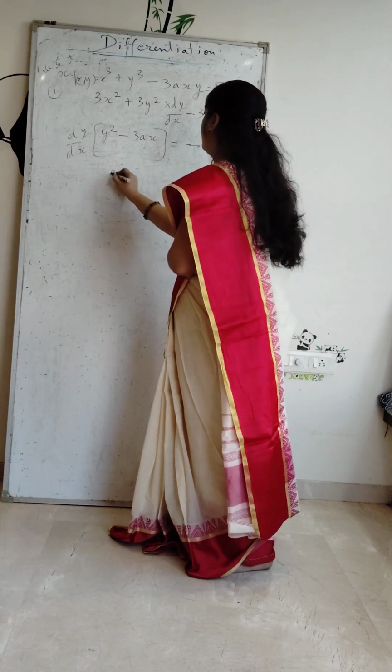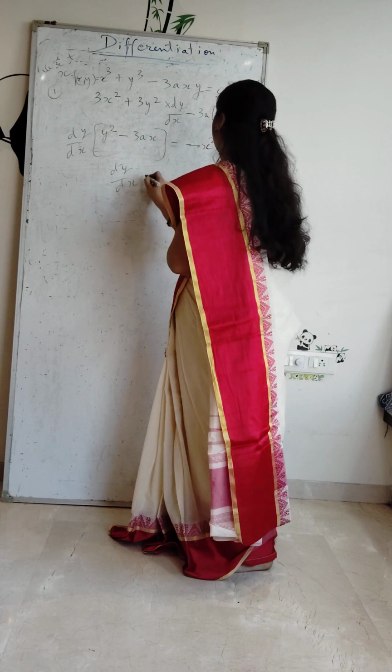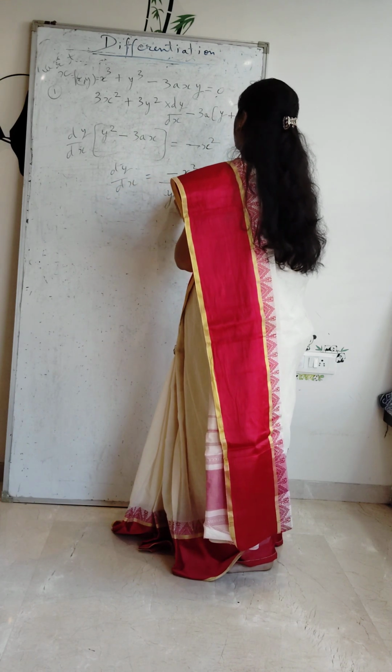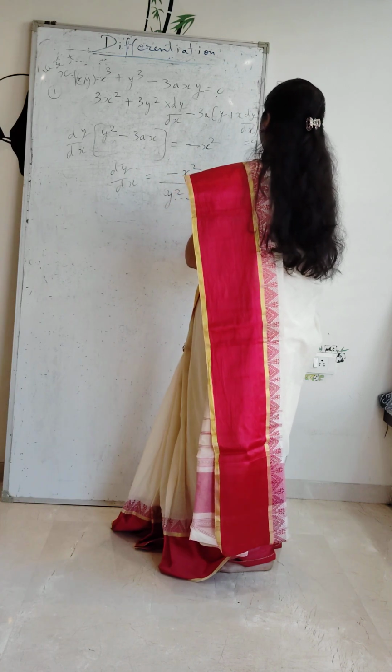So dy by dx equals minus x square upon y square minus 3ax.